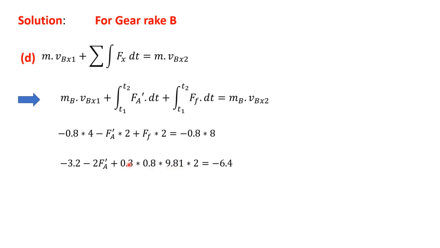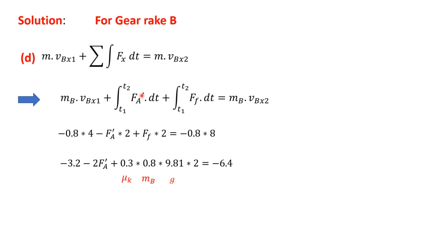And then we're going to multiply it by the coefficient of friction, multiplied by 2 seconds, and this will be the FF delta T. It's positive because it's going to go to the right, while the force of the gear, or on the gear, is going to be negative in that case because it's going to be a reaction to the first one.